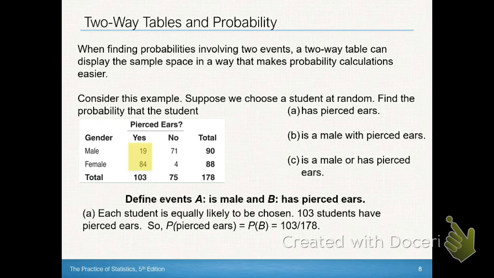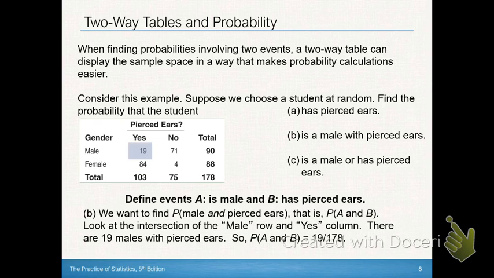So every student is equally likely to be chosen. There's 103 students that have pierced ears. So the probability of someone having pierced ears, or the probability of event B occurring, would be 103 out of 178.